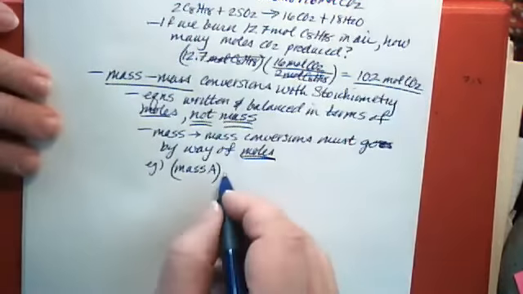Okay, let's see. If, say, 3.5 times 10 to the 15th grams of octane were burned in the world last year, how many grams of CO2 were produced from that?